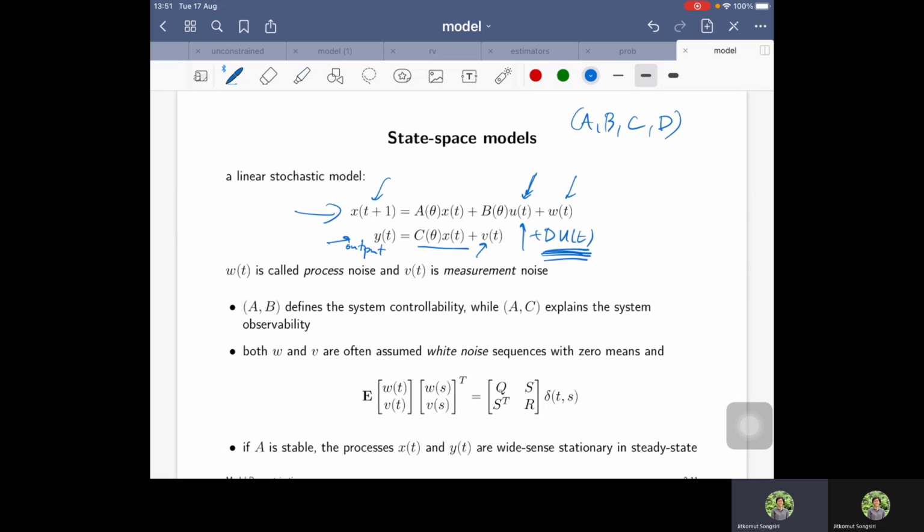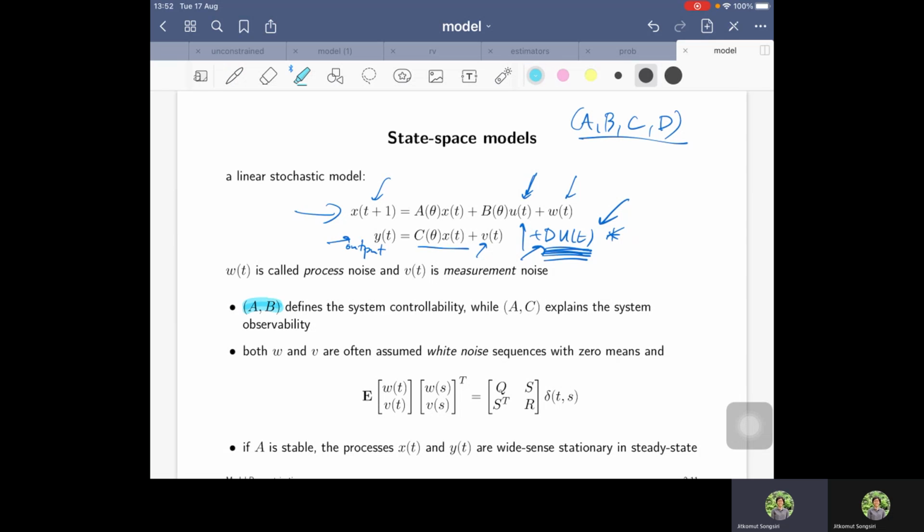Sorry, I missed one term: the output equation must contain the direct term, the feed-forward term from the input. So this is called system matrices from linear control system theory.